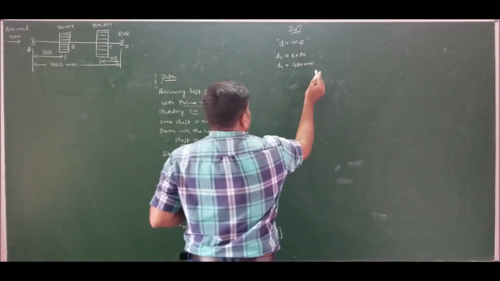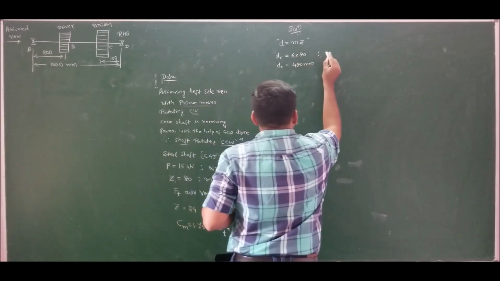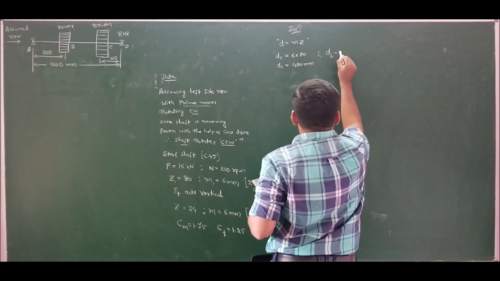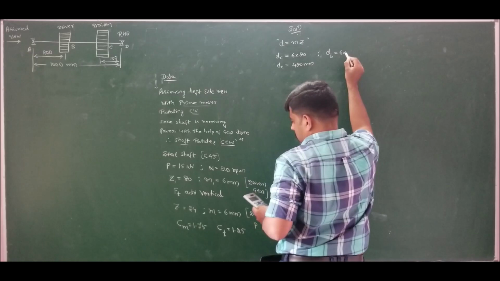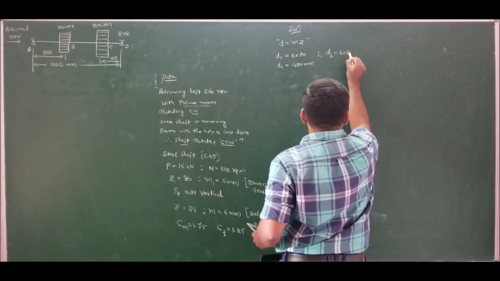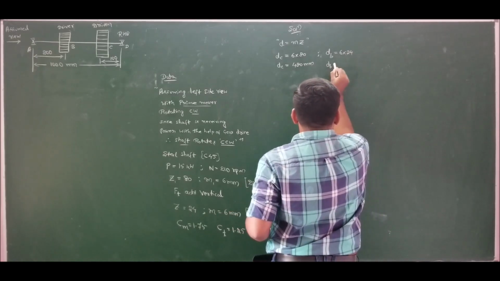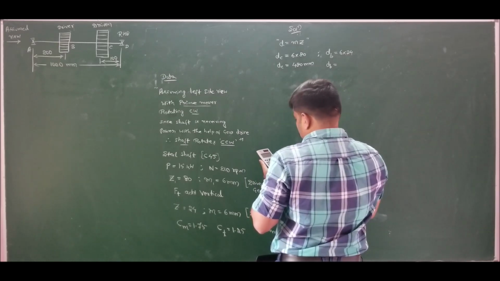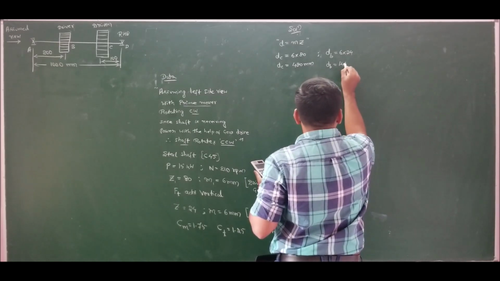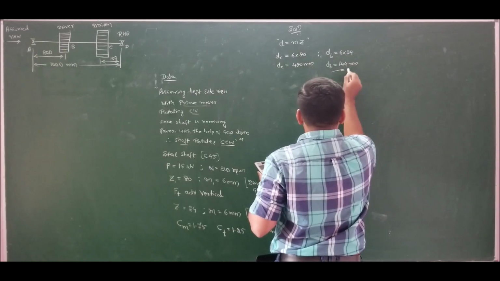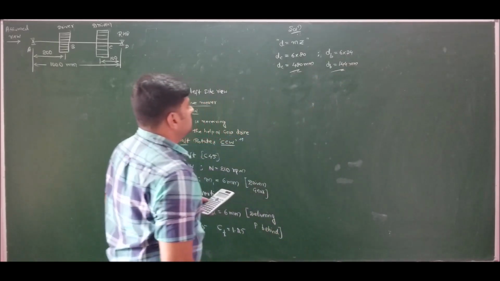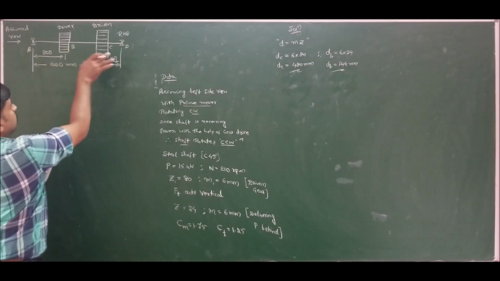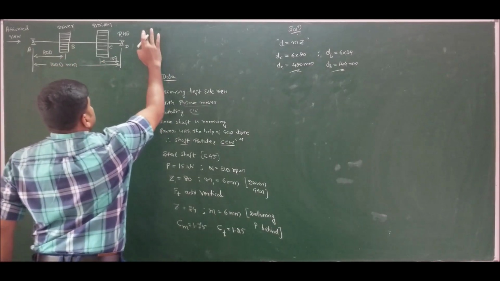Similarly, if I calculate the diameter of the pinion, that is B, we have module 6, whereas number of teeth is 24. So the diameter of the pinion is 6 into 24, which is 144 millimeters. So this is 144 and this is 480. So both are visible for us.